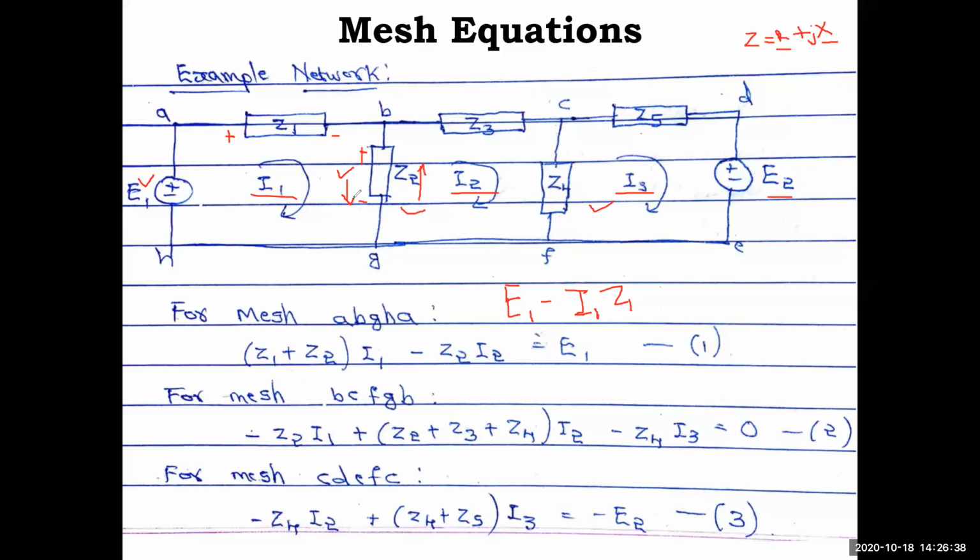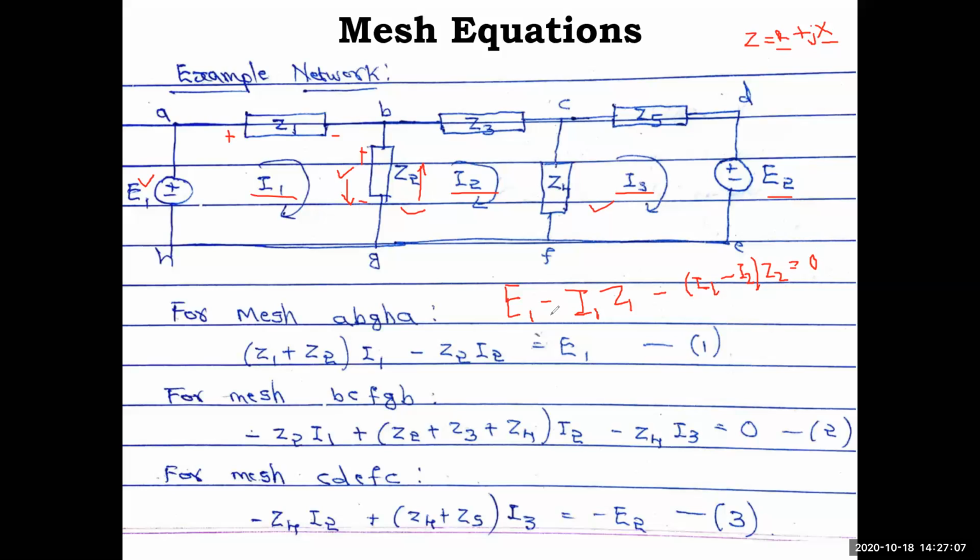So how do you write it? I1 minus I2, because with respect to mesh 1 we are writing, so mesh I1 minus I2 into Z2. Also minus, I1 minus I2 into Z2, which is equal to 0, because the sum of voltage drops and voltage rises is equal to 0 according to KVL, right?